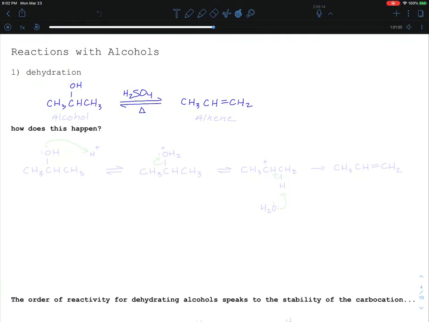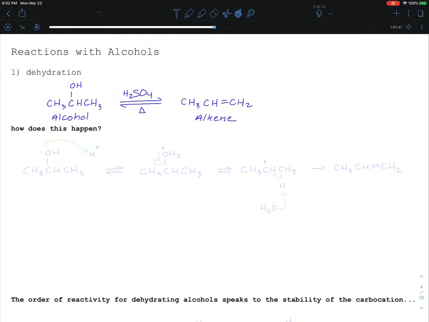An alkene, right? So here I have an alcohol, and over here I have an alkene. So what's going on? All right, I have to tell you, we just talked about the leaving ability of the leaving group, right?